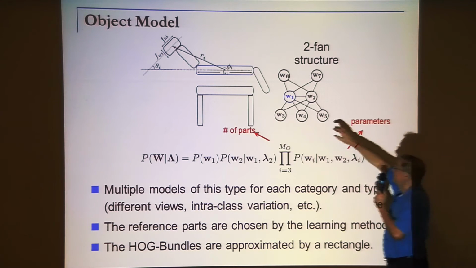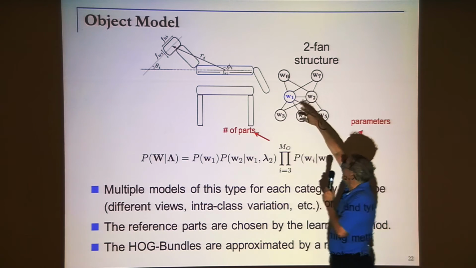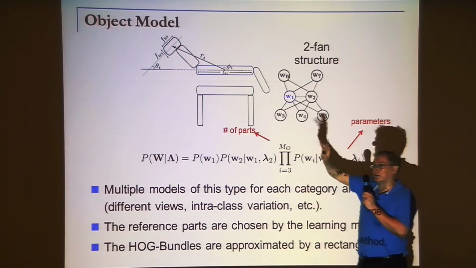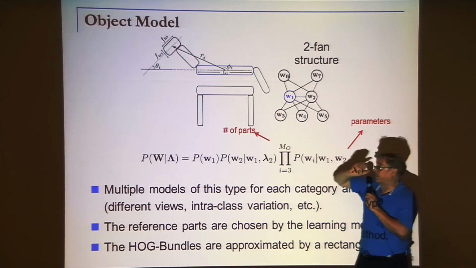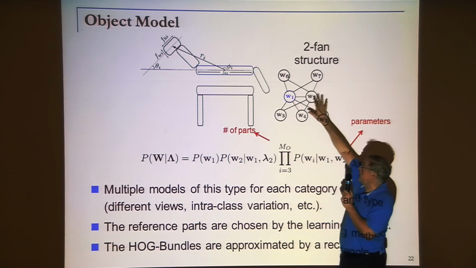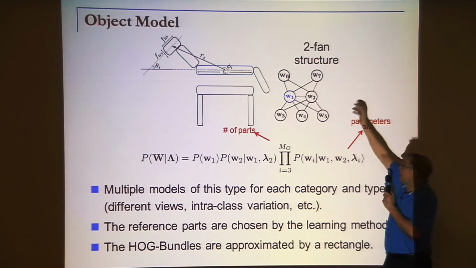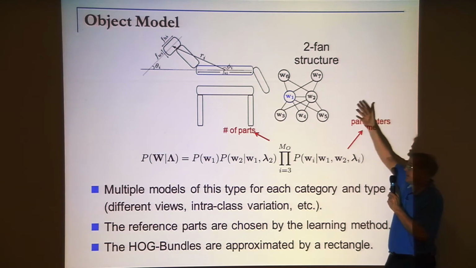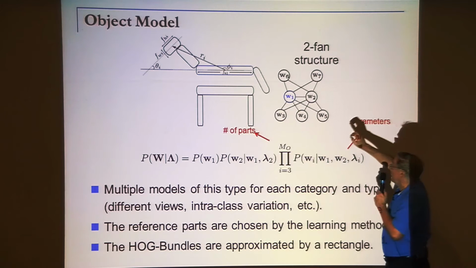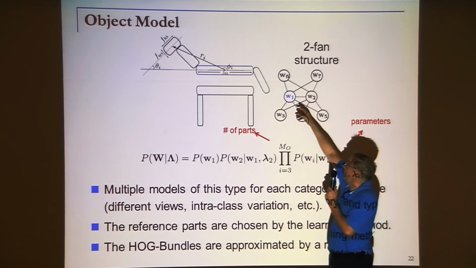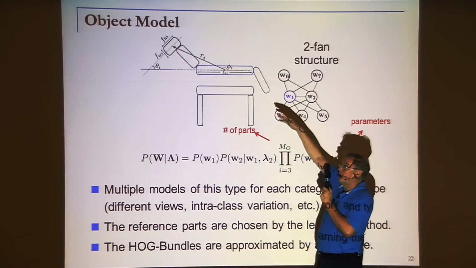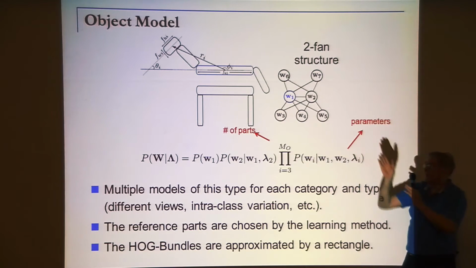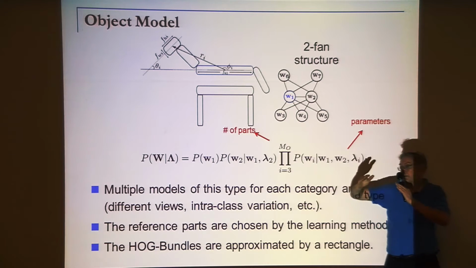And so here the object would be described by a set of nodes, and the number of nodes is uncertain. This is something that the model would have to learn, and this would also be one component. It would be a mixture of a model like this, another model somewhat like that, and so on. That again would be learned. But the state variables here, the W's, would represent the position, the orientation, the size, and the width and the breadth of the HOG-Bundles.